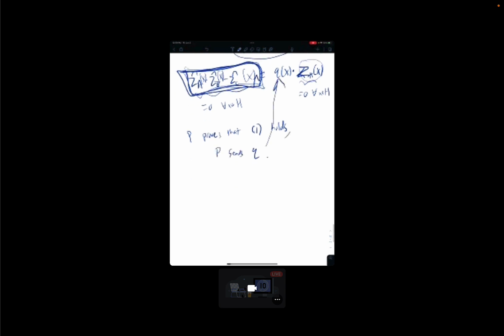And then the verifier checks it as usual by picking a random point and confirming that ZA hat at that point times ZB hat at that point minus ZC hat at that point equals the quotient polynomial times the vanishing polynomial at that point.